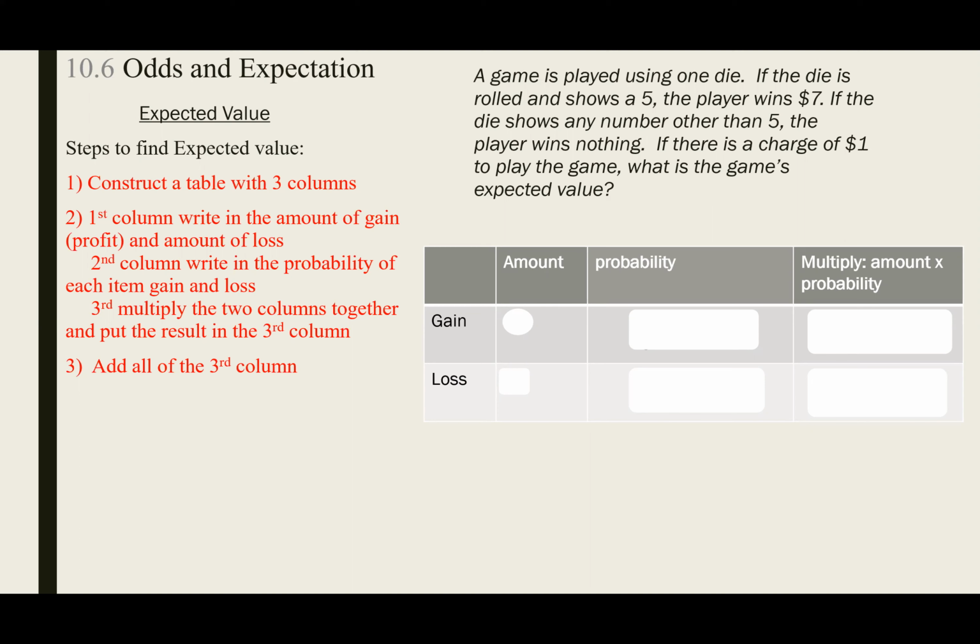So what is the amount of your gain? You win $7, but you don't really gain $7, because in order to qualify, you need to pay me $1 to play. So your net profit, your gain, is only $6.